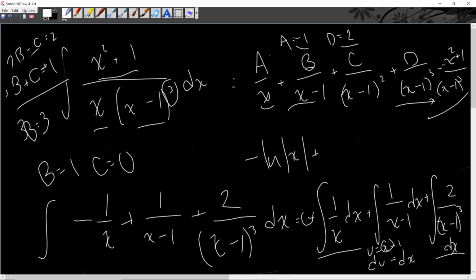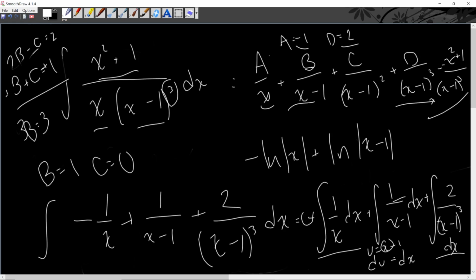Once we integrate 1 over u with respect to u, we're just going to have ln of u, which is going to be x minus 1. So when you have problems where you have 1 over x minus 1 or 1 over x plus 8, it's just going to be ln of x plus 8, ln of x minus 1, ln of whatever thing you have, which is just 1 over x plus or minus something, you know?